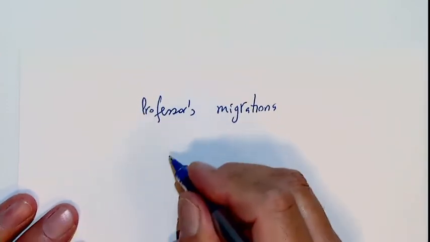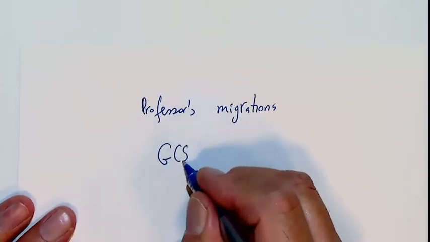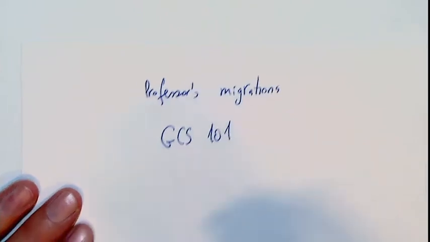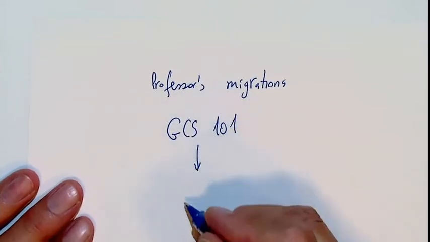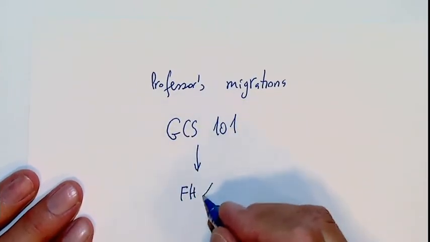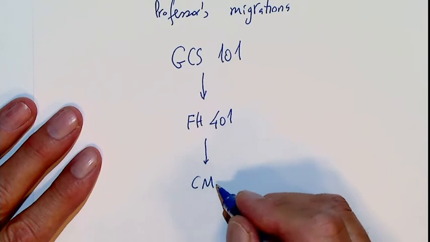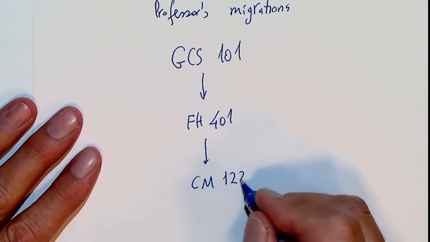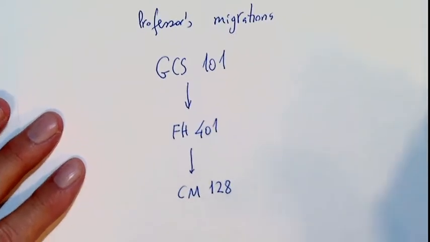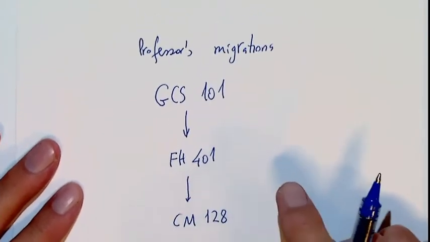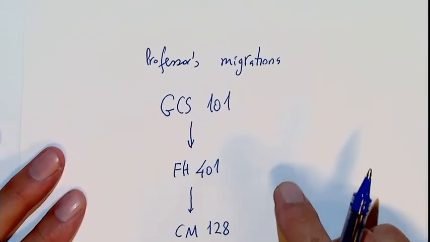We started in General Classroom South 101. Then I was moved to Fleming Hall 401. Now I'm moved to CM building, computer building 128. So, as a result, I'm in 3 different places during this semester.